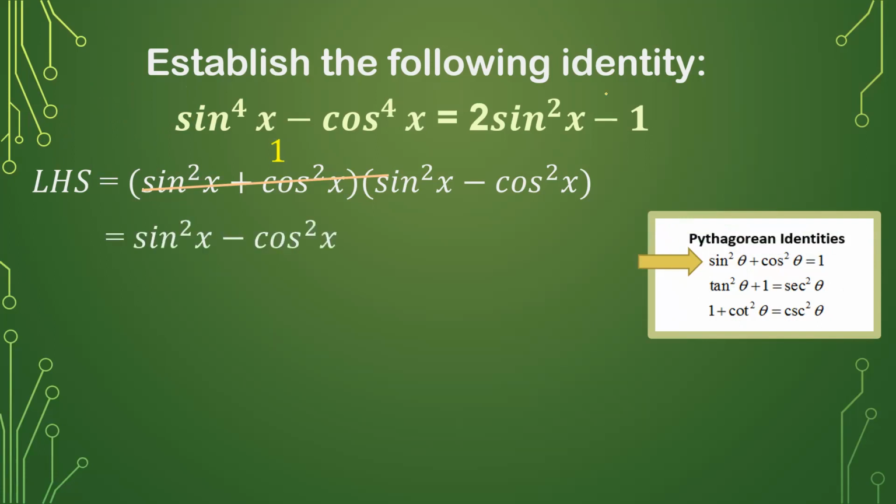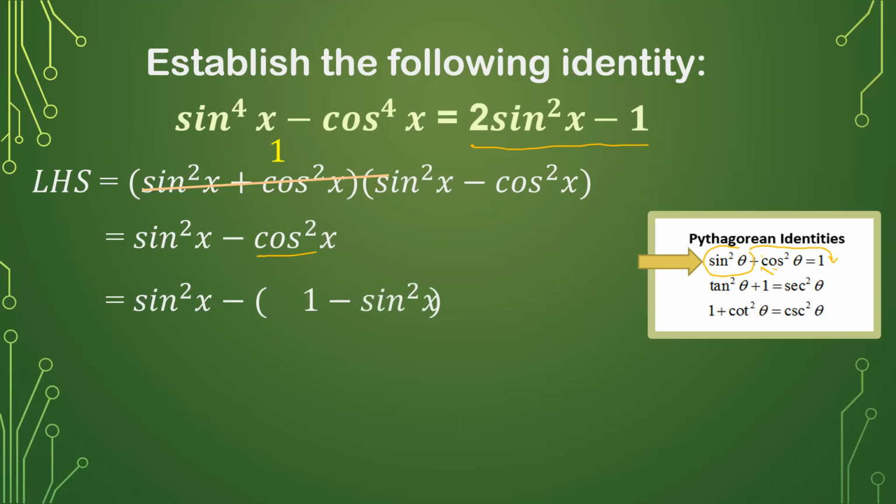Then this is what we are targeting. We want to get rid of the cosine squared. We want to double the sine squared. So we want to express cosine in terms of sine, because it should not be there. So we move the sine squared to the other side. That means the cosine squared is 1 minus sine squared. So cosine squared is 1 minus sine squared x.